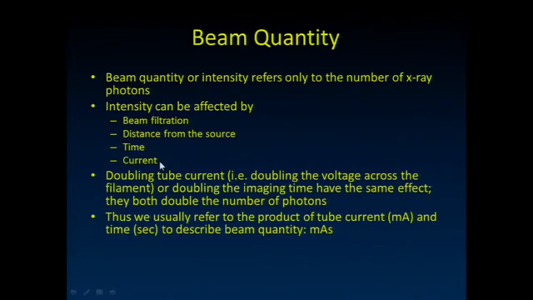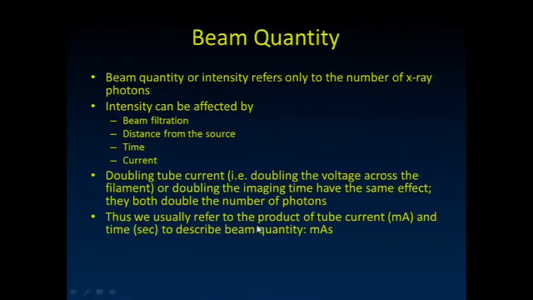When they hit the anode, they're hitting them with the same kinetic energy, but there's just more of them. We've increased the quantity of the beam. Doubling that current doubles the number of X-rays produced. Doubling the amount of time that we image for doubles the number of X-rays that were used.